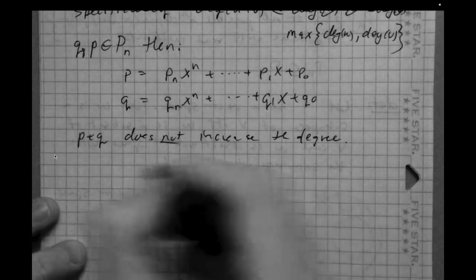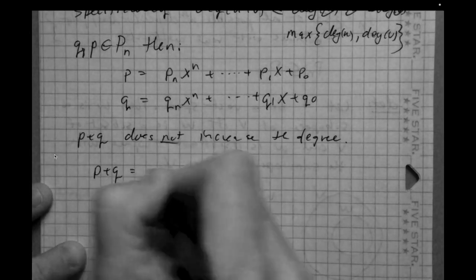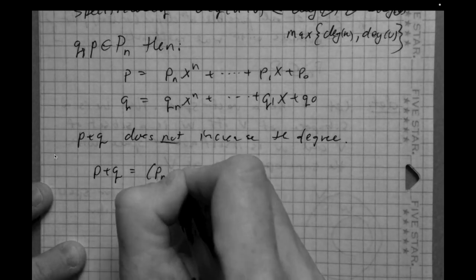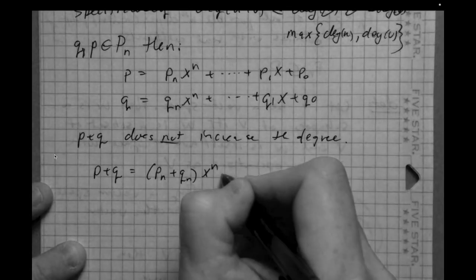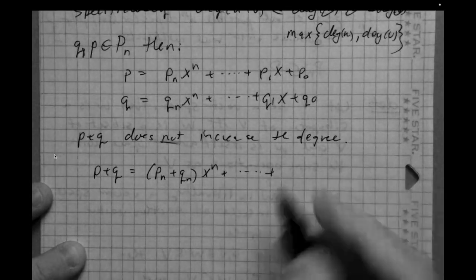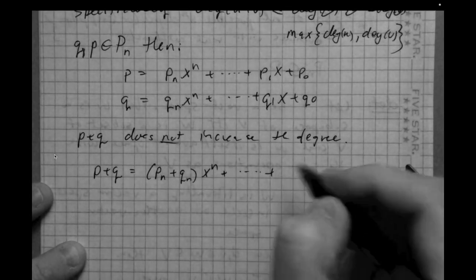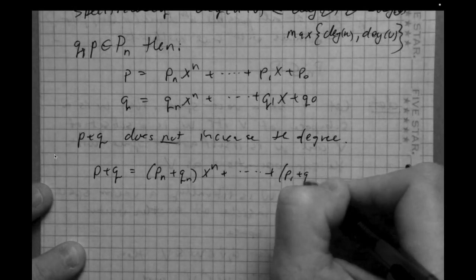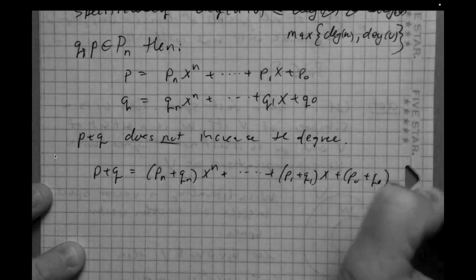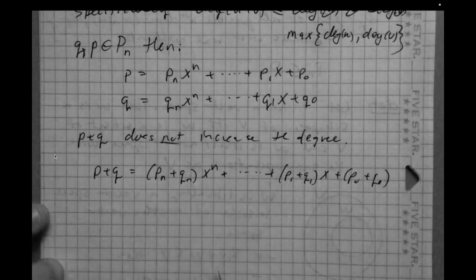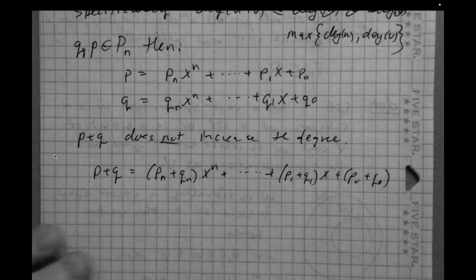Okay, so if I add these together, I just add the coefficients, and I still get the x to the n as the highest degree term. And so then I would have (p_1 plus q_1) times x plus (p_0 plus q_0). So this is still an nth degree polynomial. Now, while the degree cannot increase, it can decrease.